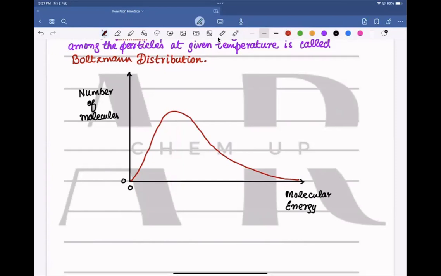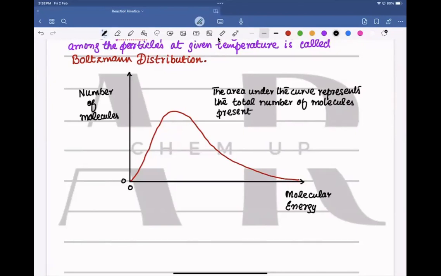So the area under the curve represents the total number of molecules present in a sample.